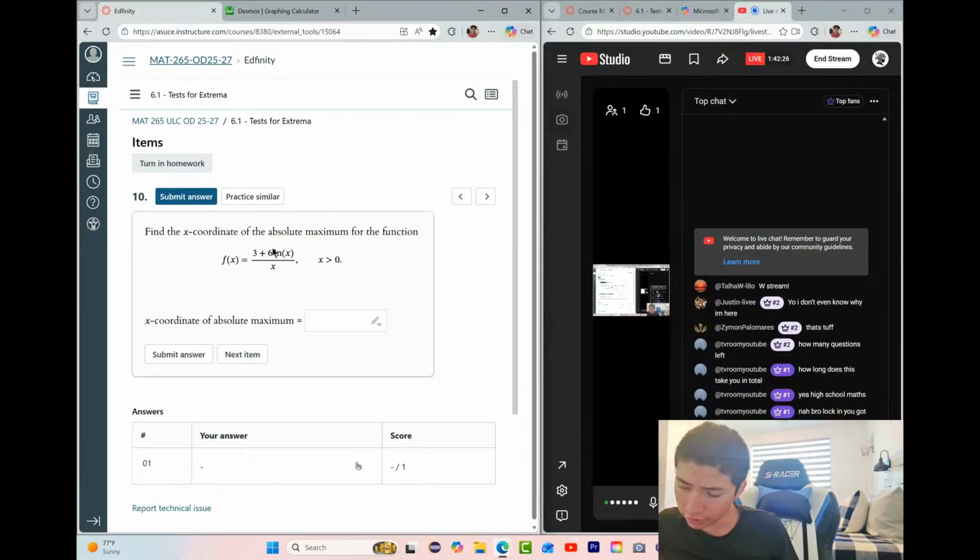So nothing. Now, derivative of x squared over x squared. Simplifying, we get 6 minus 3 plus 6 ln of x over x squared. And finally, we get something like 3 plus 6 ln of x over x squared.